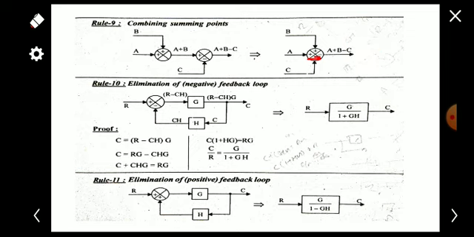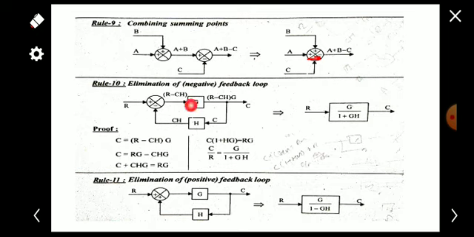And the next one, a very important one, is the elimination of the negative feedback loop. If a negative feedback loop comes, how can we eliminate that negative feedback loop? Negative feedback loop means we are taking the output and just giving it to the input for error detection.